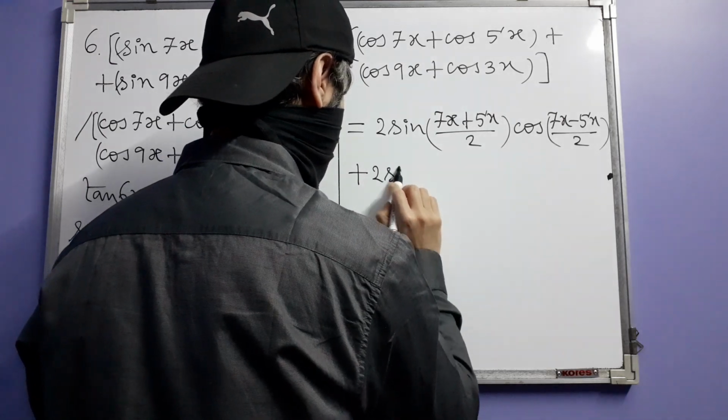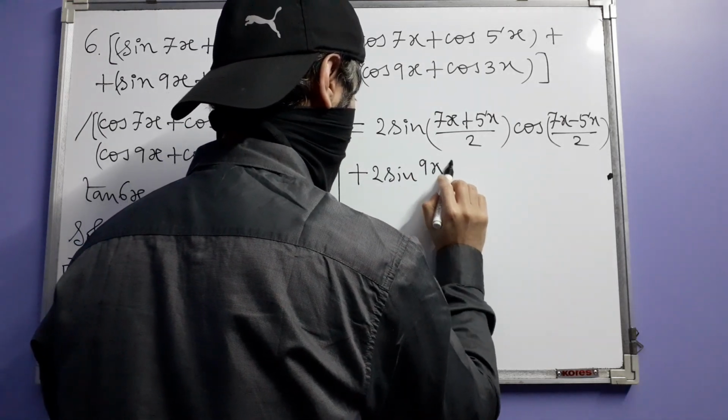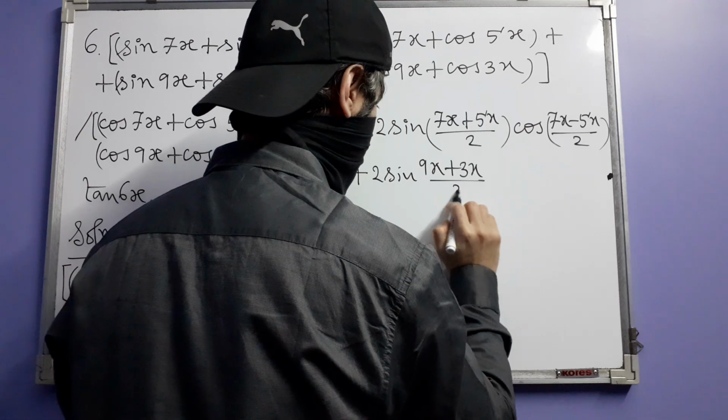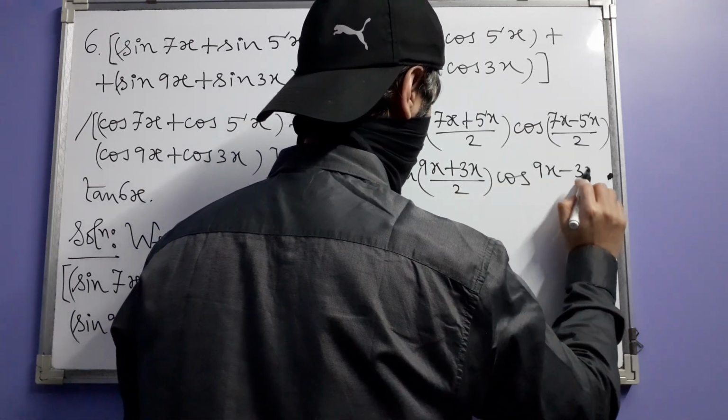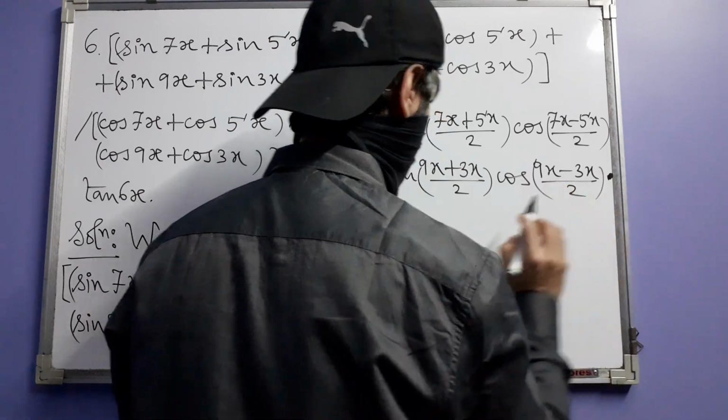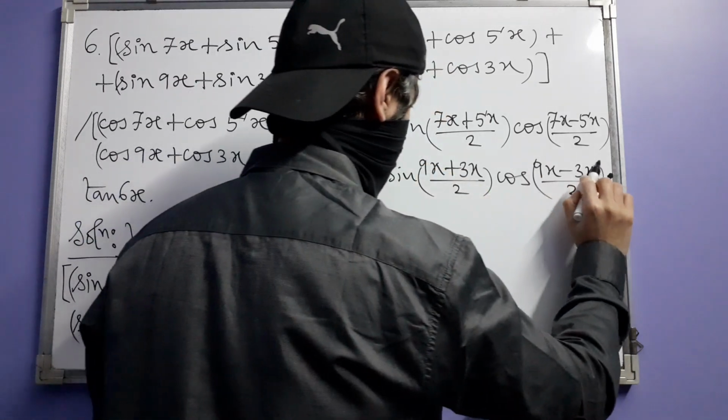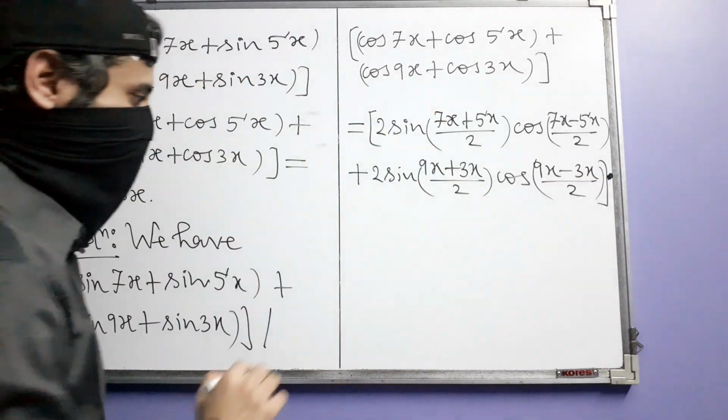So 2 sin 9x plus 3x over 2 times cos 9x minus 3x over 2. So that is our numerator.